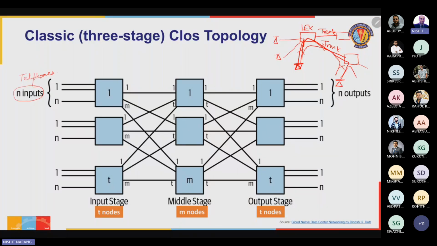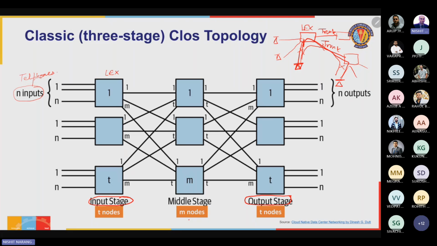Okay? And these could be treated as the local exchanges, where every local exchange is receiving n input lines from n different telephones. Right? So when you look at the input stage and the output stage in this diagram, you can think of all the square boxes in the input stage and output stage as a set of local exchanges.